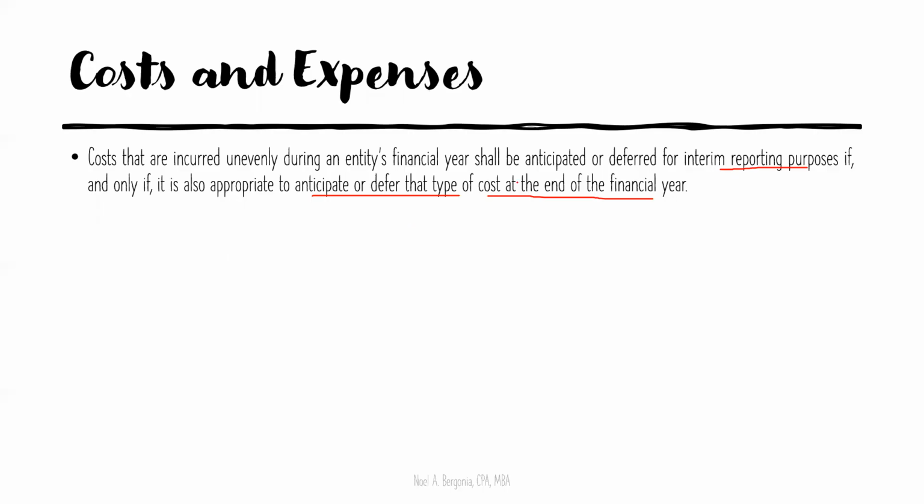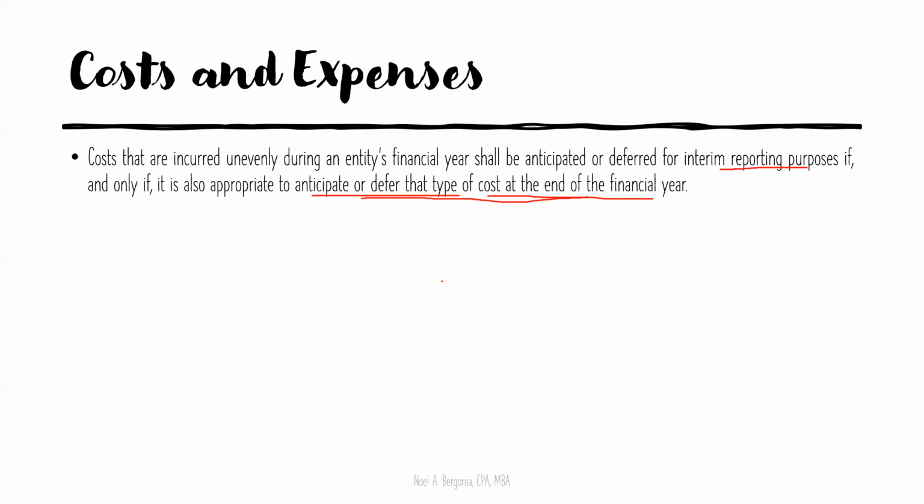So in terms of this, no, we anticipate or defer expenses if they are again anticipated and deferred in terms of the annual. Okay, so typical example po niyan, let's say for example, would be, ano ba, salaries. Okay, sorry, not salaries, no, advertising for example. Okay, advertising.